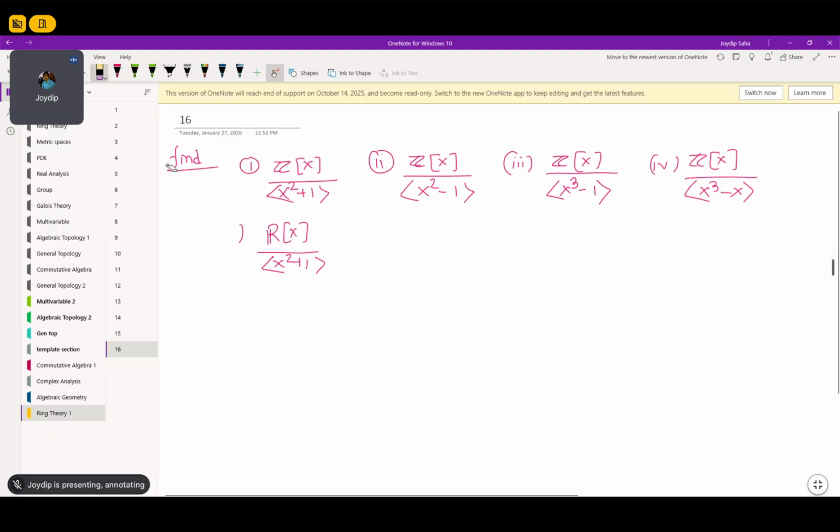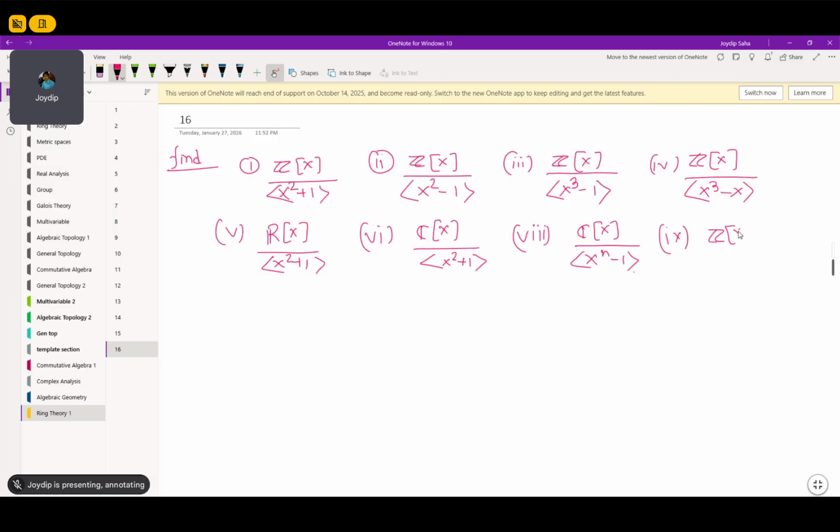I should choose 5, 6, 7. Can you answer this? 9. These are some quotient rings.